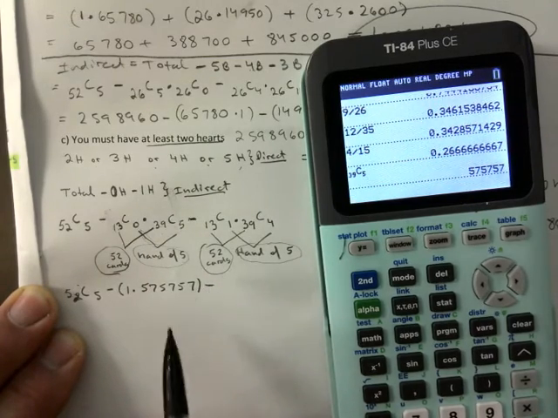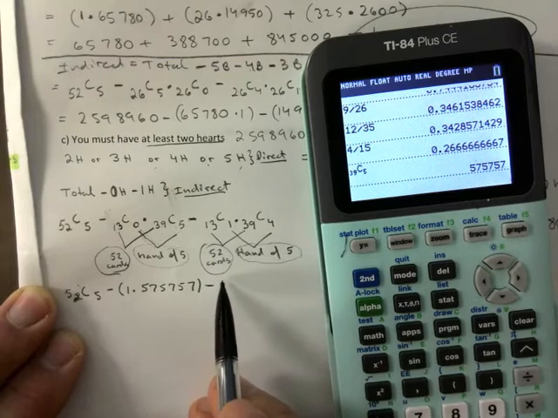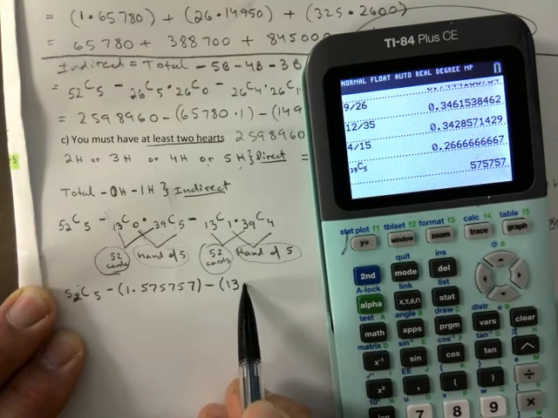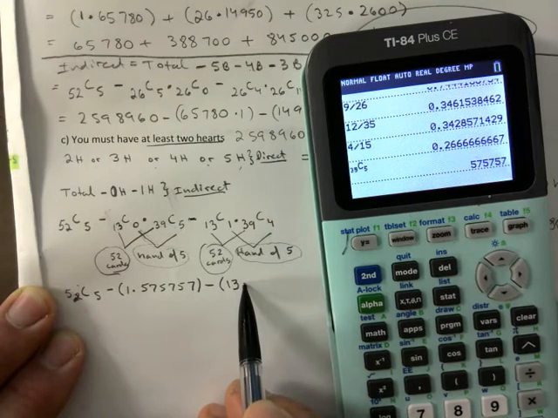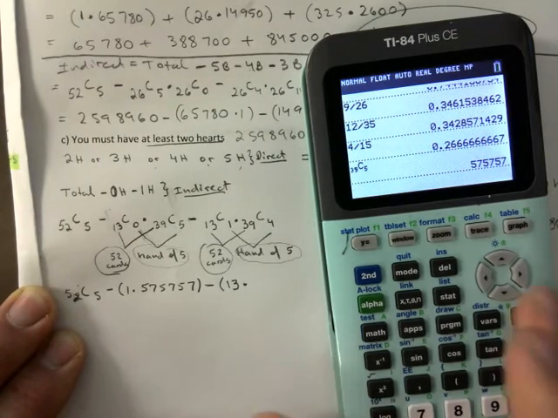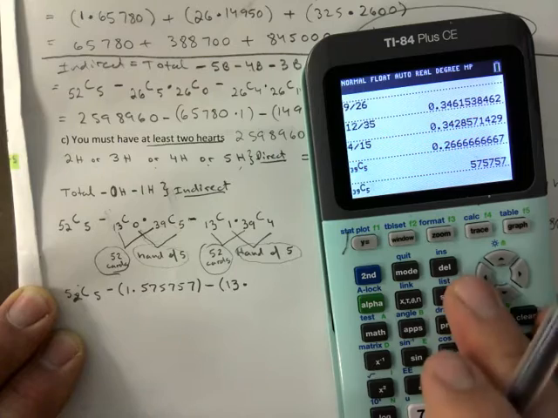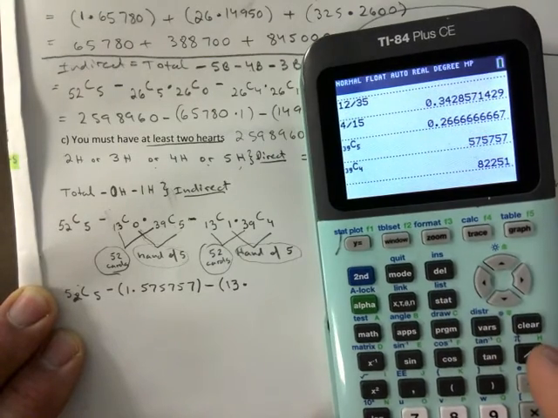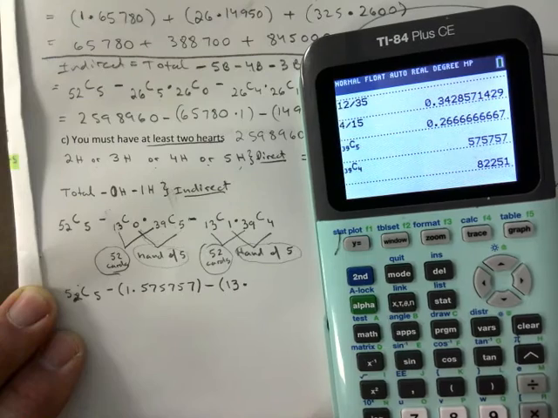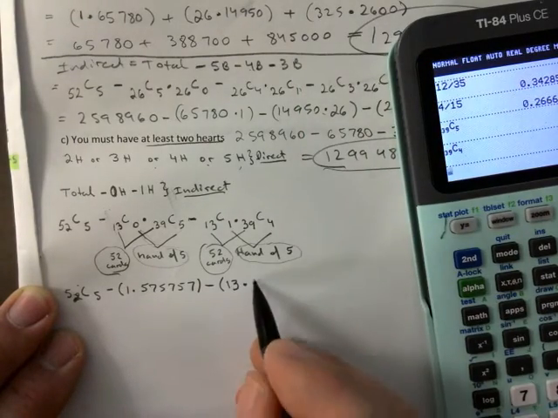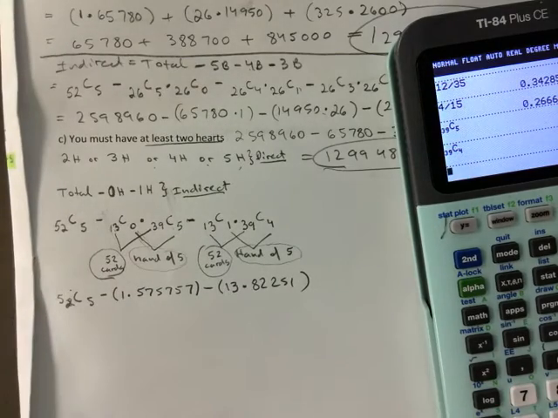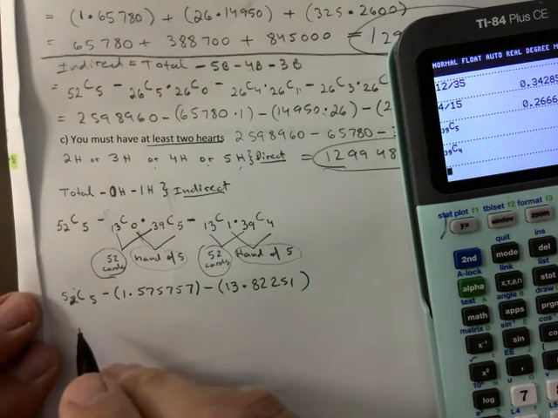Minus, what's 13 choose 1? Bonus question. 13. And then 39 choose 4. I'm just going to copy and paste, right? Whoa, 82,251, right? And now 52 choose 5.